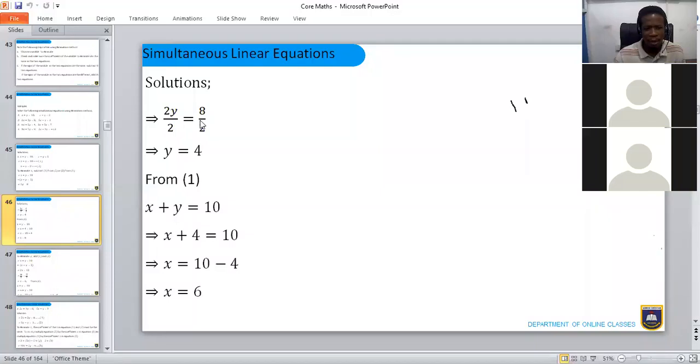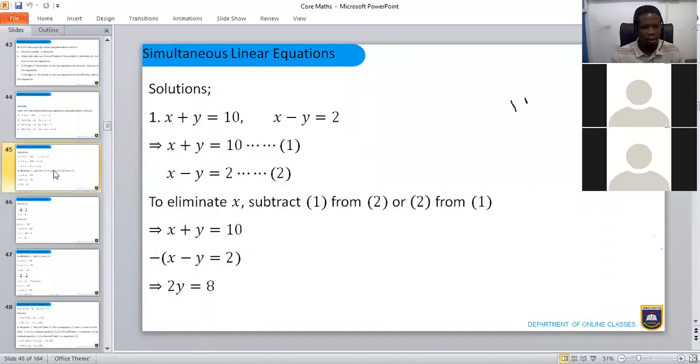We are making y the subject. Look at from here, 2y equals 8. So we need to find y, right? So what do we do? We divide both sides by 2. Are you okay now? Yes, thank you, sir.